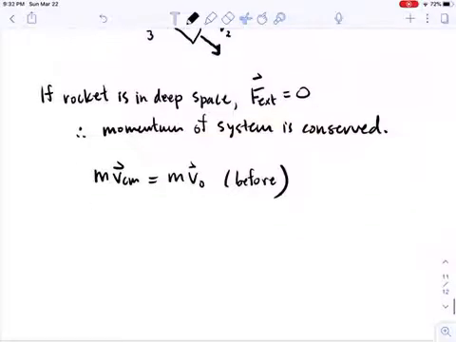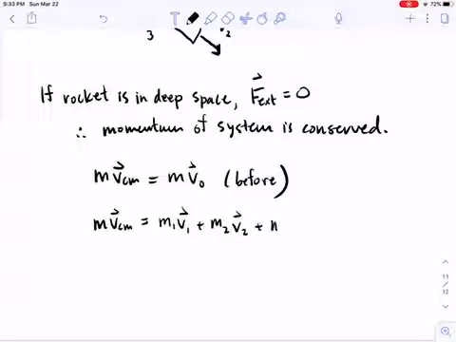Okay, so what's happening after? After, the system momentum is m1 v1 plus m2 v2 plus m3 v3. But we know some information. We know all of the masses are equal to m over 3.